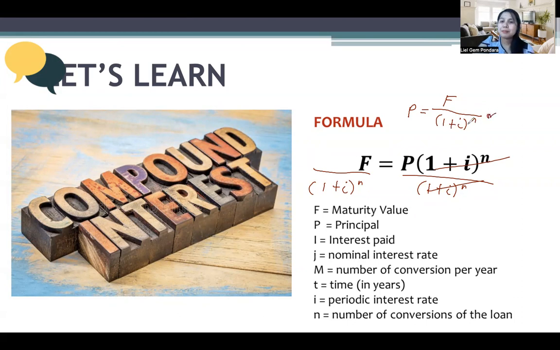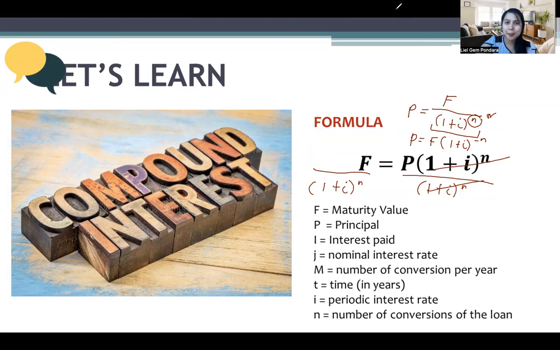Or remember, in our law of exponents, once you place this in the numerator, the exponent will change its sign to the other way. So this can also be solved by F times 1 plus i to the power of negative n. They will have the same answer.